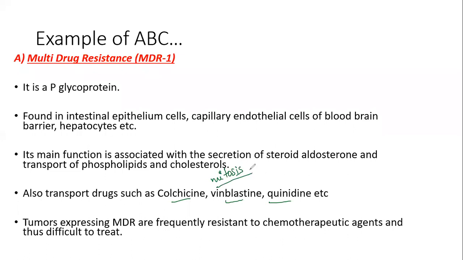When we do an experiment in the lab and want to study the different phases of mitosis, prophase, anaphase, metaphase, how can we study them? When you treat the cells with colchicine and vinblastine, the mitotic spindles get blocked because it prevents the microtubular proteins. It prevents mitotic spindle formation.